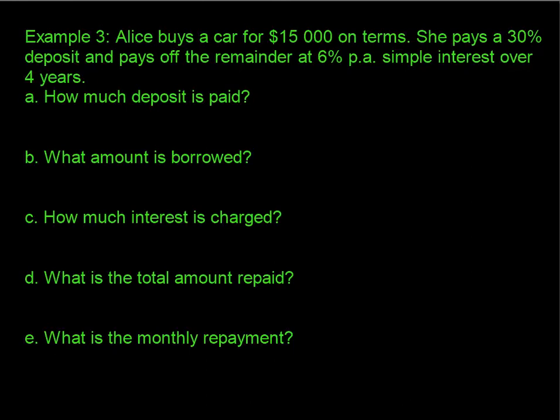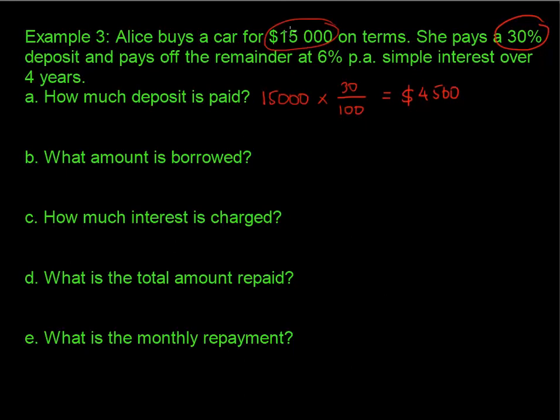The first part we need to work out is how much deposit does she pay. The question says that the deposit is 30% of the 15,000. So the deposit is 15,000 times 30 over 100, or 0.3, whatever you prefer, and that gives us a deposit of 4,500. The next part says what amount is borrowed.